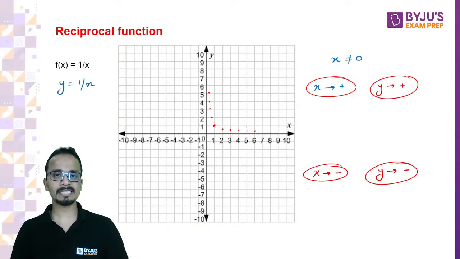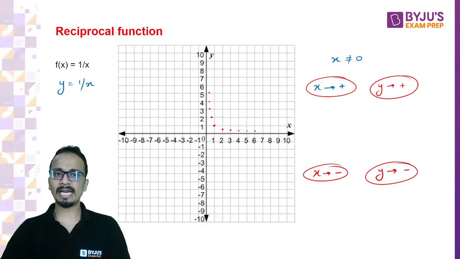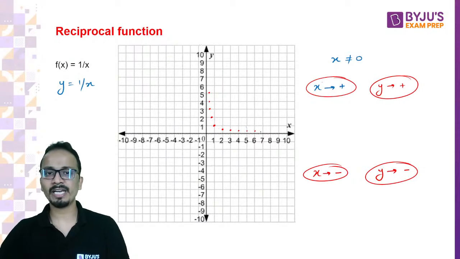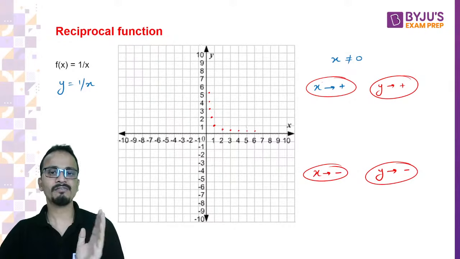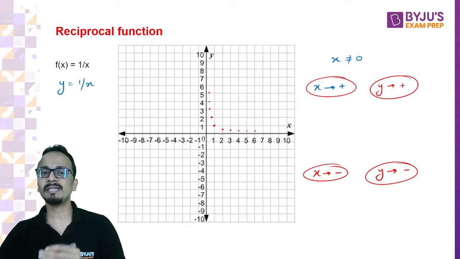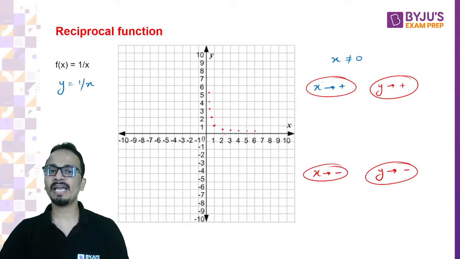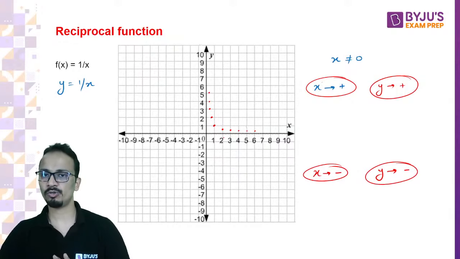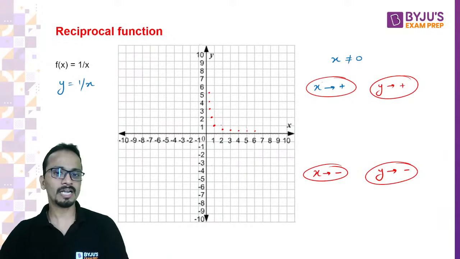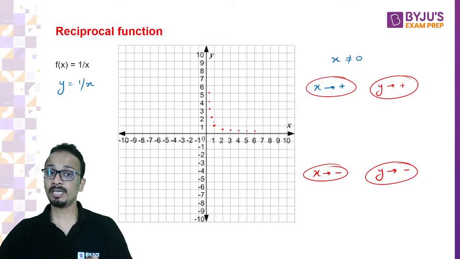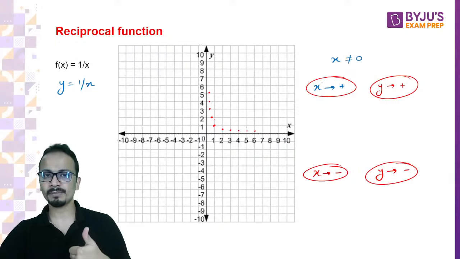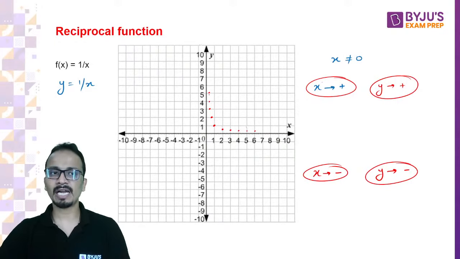Okay, let us understand this again. So the right hand side वाले dots जो मैंने बनाए हैं, if x keeps on increasing, the value of y will keep on decreasing, and the value of y can never be equal to 0 for any big value of x. Similarly, on the other hand, if I keep decreasing the value of x, then the value of y will go up. And this will be the graph.